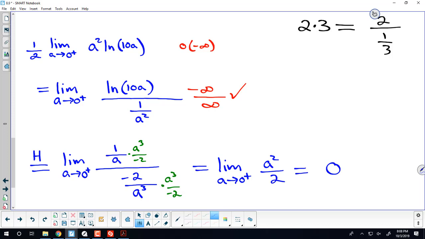It's much easier than even limits that you can simplify algebraically. L'Hopital's rule is 99% of the time much more efficient. So our limit of a squared ln 10a is 0 times a half, still 0.